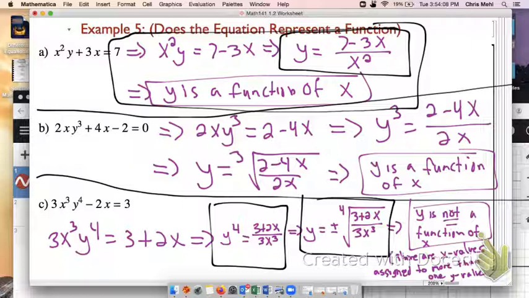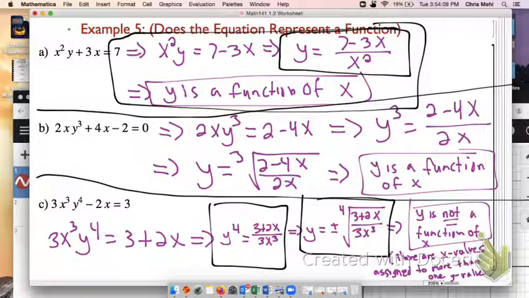So this is why you need y equals plus or minus the fourth root of 3 plus 2x over 3x cubed. Now this time, that means that because of that plus or minus, y is not a function of x, because almost every x value is going to be assigned to more than one y value. So pick a single x, plug it into the right hand side, and that's going to give you two y values, a positive and a negative value. Okay, so that original equation will not represent a function.